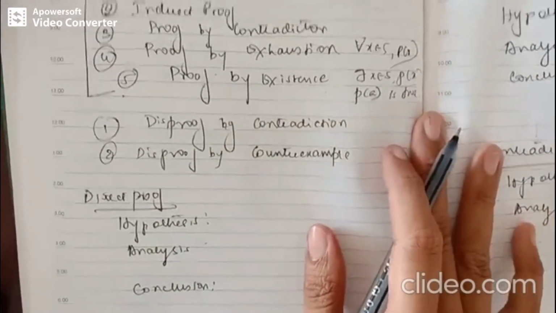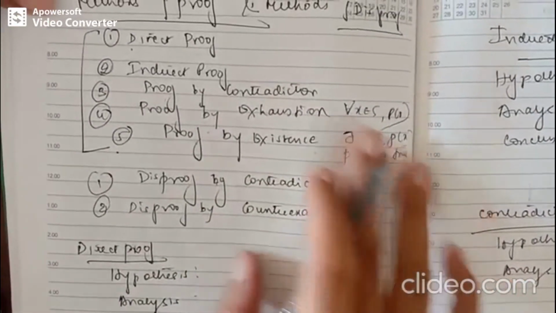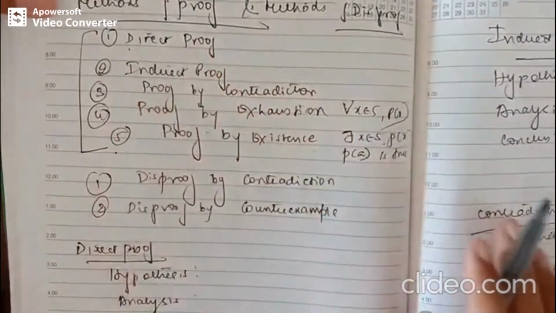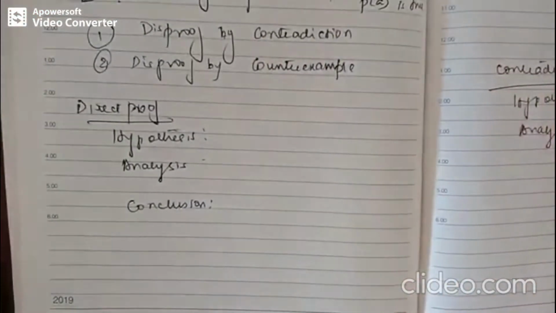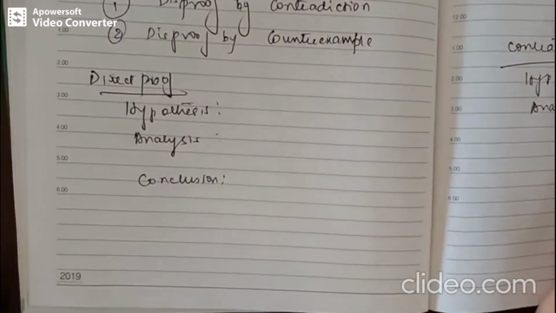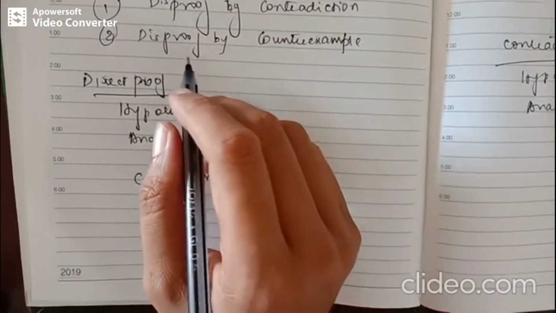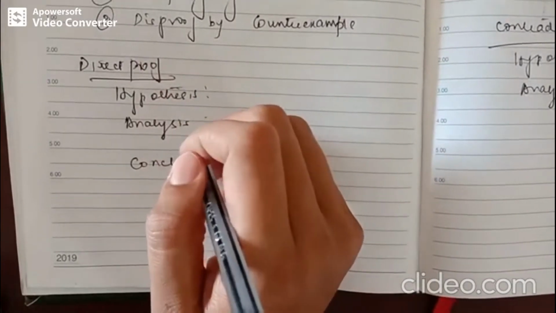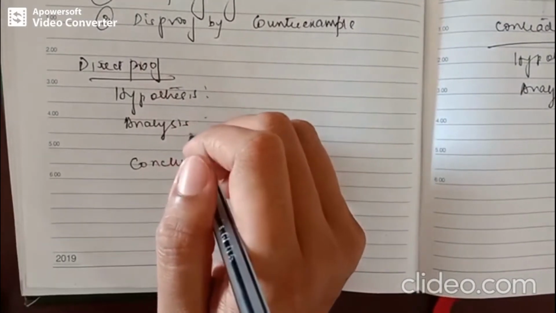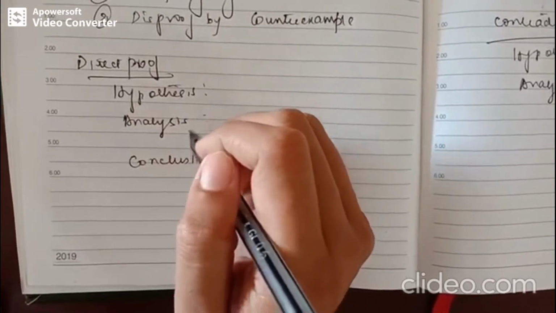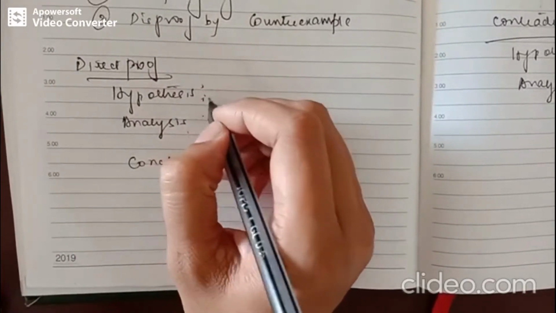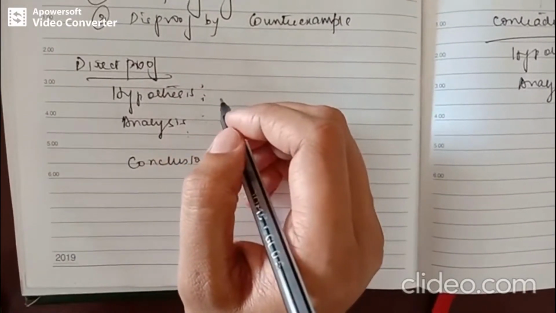If we start by discussing the first proof, that is direct proof: each kind of proof or disproof has three sections, that is hypothesis, analysis and conclusion. In the hypothesis, we assume a particular condition.